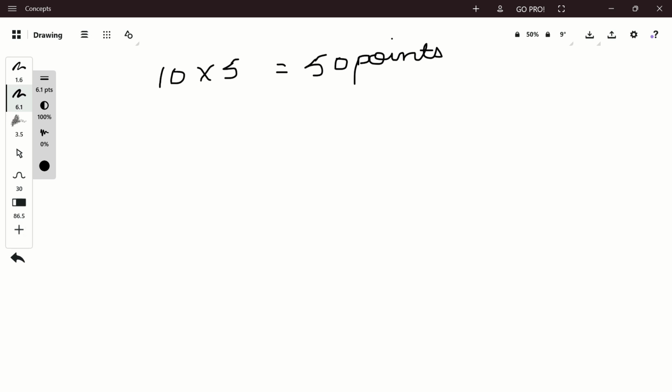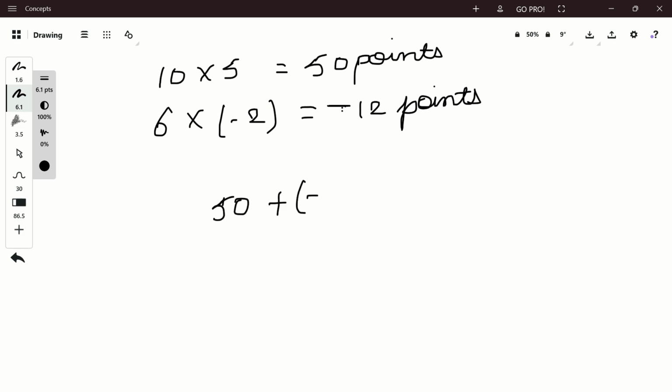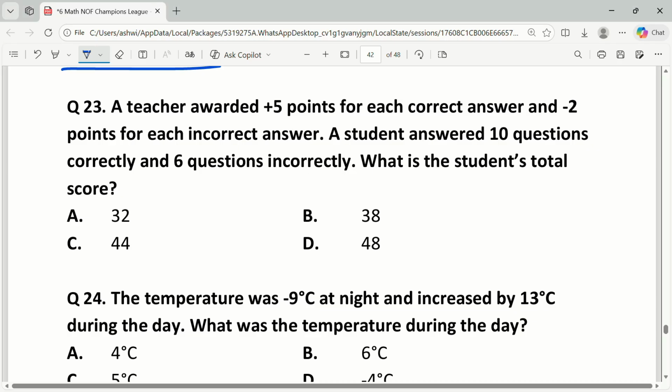Points for incorrect answer is 6 into minus 2, which is equal to minus 12 points. The total score is sum of correct points and incorrect points, that is 50 plus minus 12, which is equal to 50 minus 12, which is 38. Comparing with the options, the answer is B, 38.